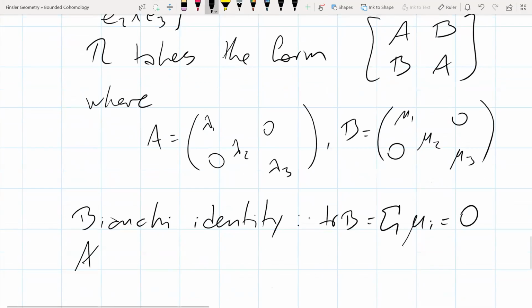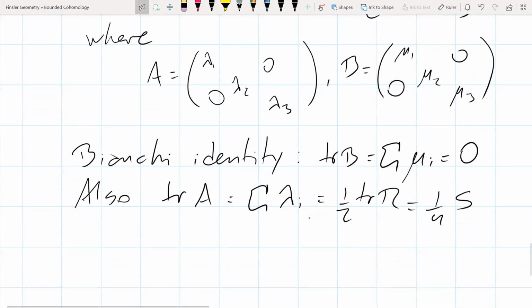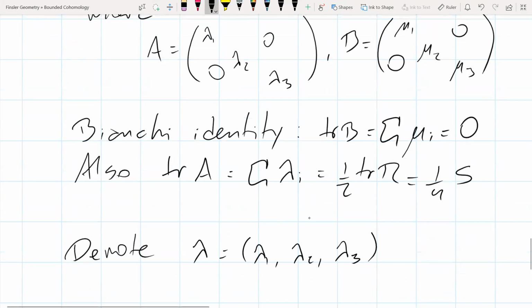Also, the trace of A is going to be half of the trace of the curvature tensor, and here it is 1/4 of the scalar curvature, which is zero. So to facilitate our work, we're going to denote the diagonal of A as a vector lambda, and of B as mu.